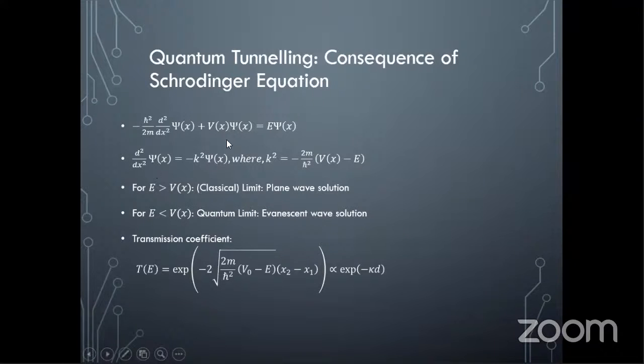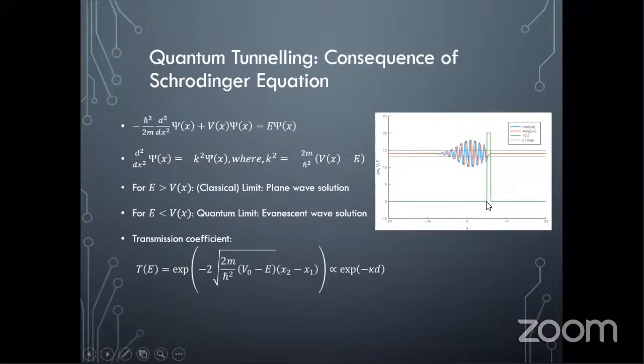So one can start with a potential, which could be a potential like this green rectangle, and then one can show that even if the energy of the particle is less than the height of this barrier, one can get an evanescent wave solution, which is a small amount of wave, a small amount of particle, which can tunnel to the other side of the barrier.